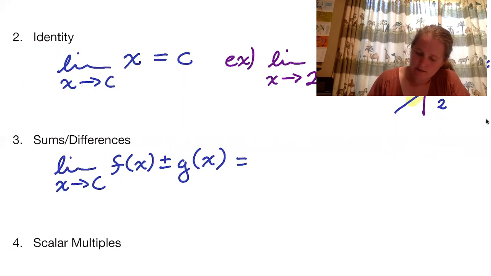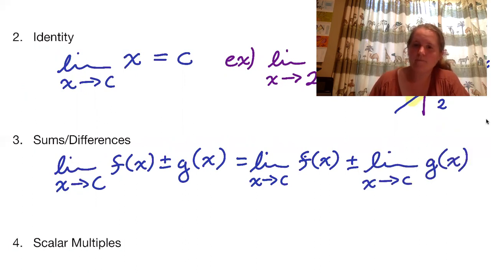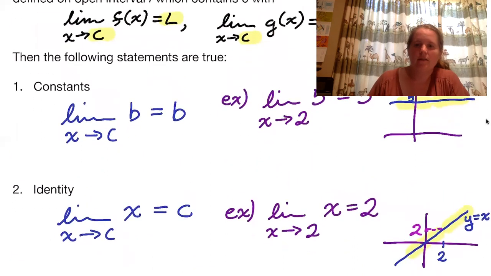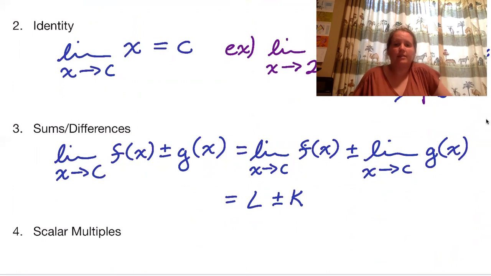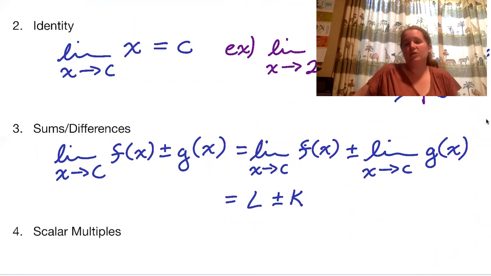Turns out that this is just the limit as x goes to c of f of x plus or minus the limit as x goes to c of g of x, which I believe we said these were L and K. Yes. So basically, if we are adding or subtracting two functions and trying to take that limit, we can simply split the limit across the addition or subtraction and evaluate the two limits separately.